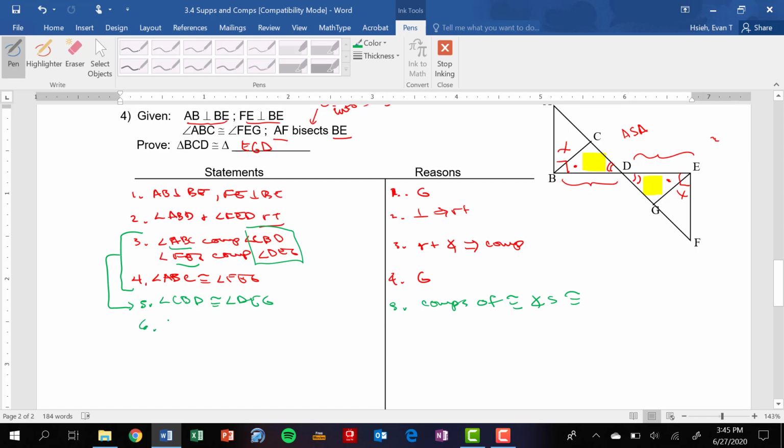Step 6, I know that AF bisects BE. It chops that in half, which means that BD is congruent to DE. If I have a bisector, then I end up with 2 congruent segments.